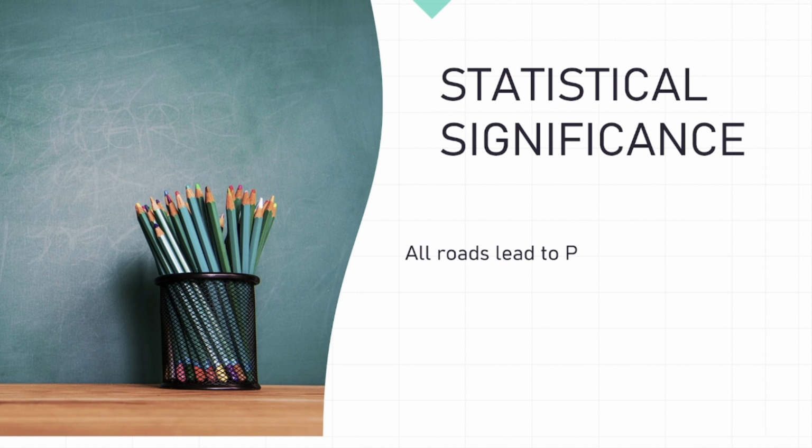Remember, in our first lesson, we formulated a hypothesis. Within the scientific community, before we accept some research findings as truthful, it needs to pass this test of statistical significance, right?